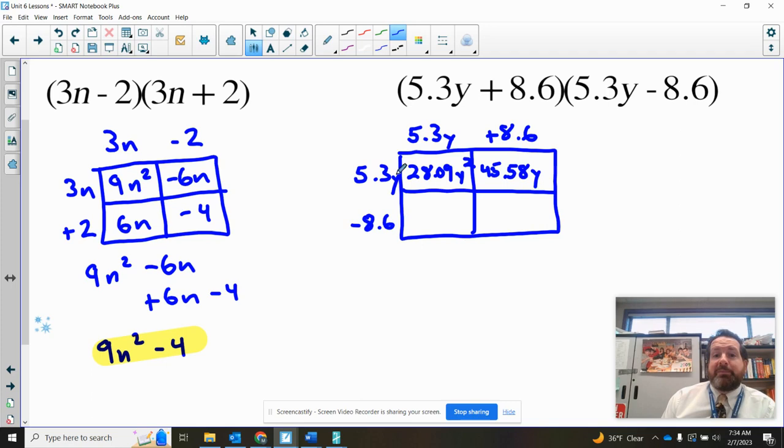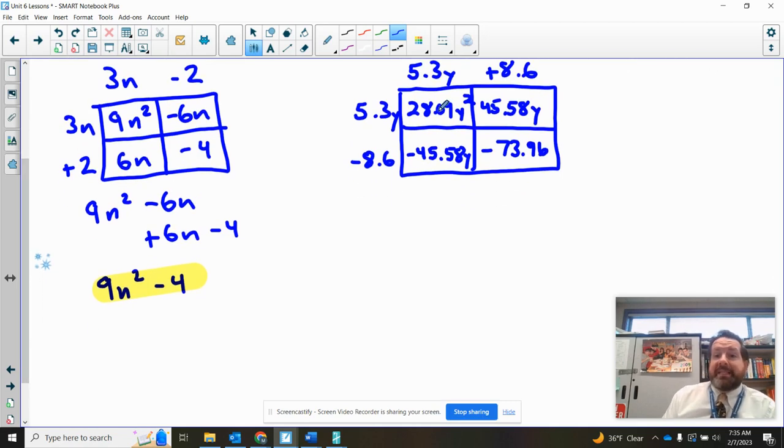Down here, 5.3 times negative 8.6 is negative 45.58y. And then lastly, 8.6 times negative 8.6 is minus 73.96. So for my final answer, I'm going to take these four boxes and add them all up.